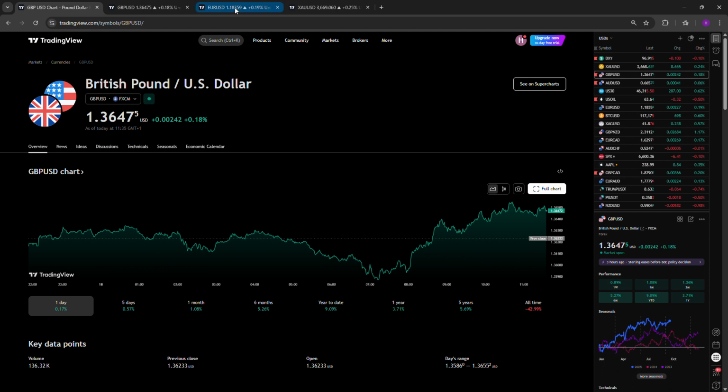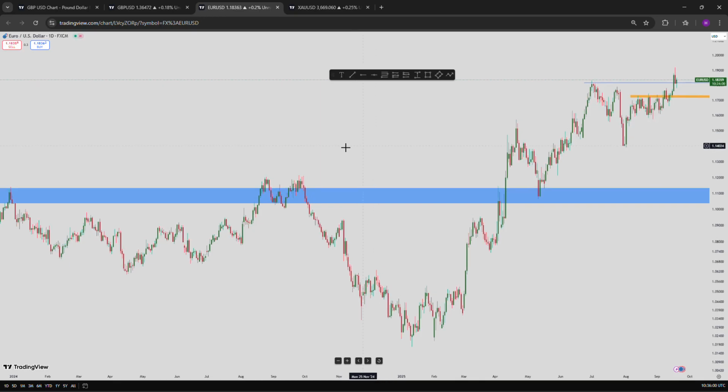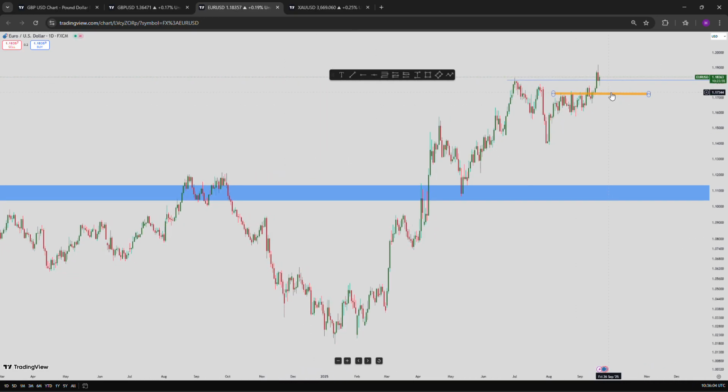I'm going to use the EUR/USD chart, and we are currently on the daily time frame, as you can see. At this point we can see where the market currently is.